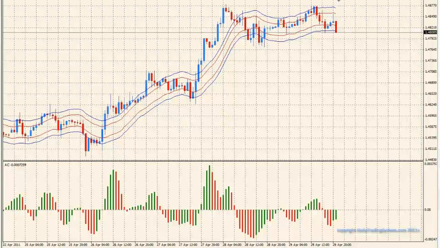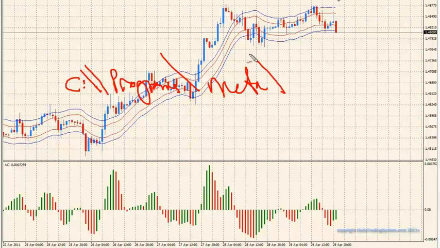Once you've applied the template, and if you don't know how to apply the template to your chart, all you would need to do, once you've applied the installation to your PC, is go to the programs folder, then go to the MetaTrader folder, whatever the name is, and inside there you'll see the templates folder.